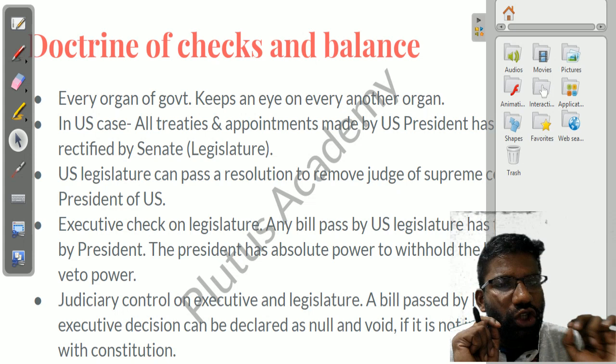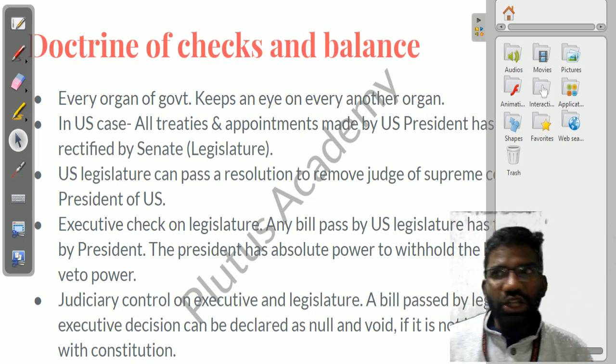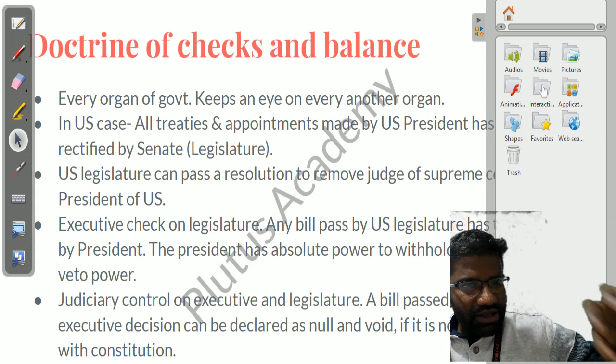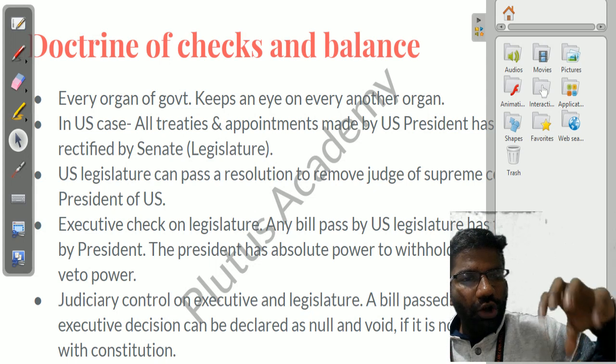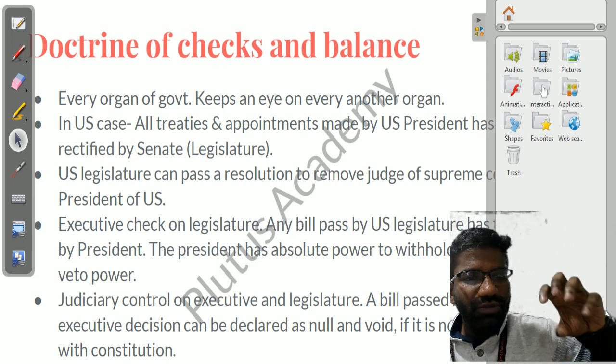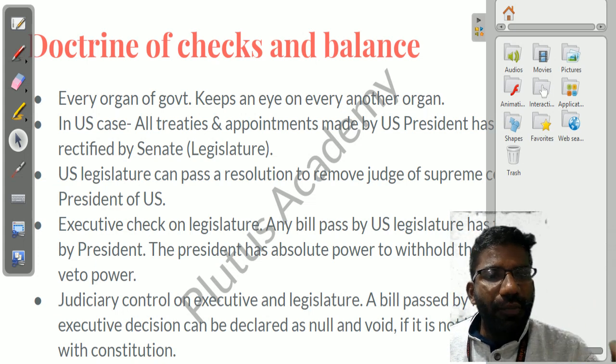But in the doctrine of checks and balances, each organ of the government, for example the legislature, will always keep an eye on the functions performed by the executive and judiciary. That means each organ of the government keeps an eye on the other organs.